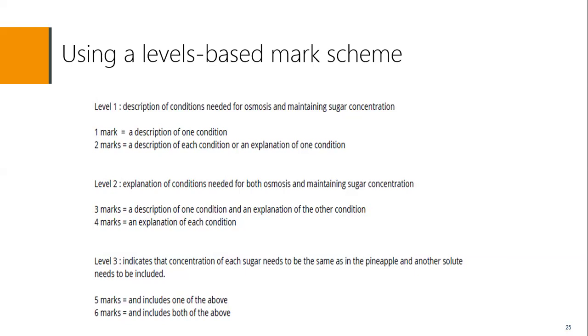So level 3 takes it further. You need an indication that the concentration of each sugar needs to be the same as in the pineapple to maintain the sugar concentration, and that another solute needs to be included in order for osmosis to occur. So the sophistication of the response increases as you go from level 1 to level 3.